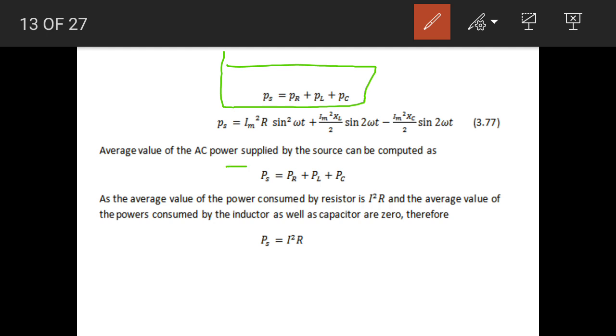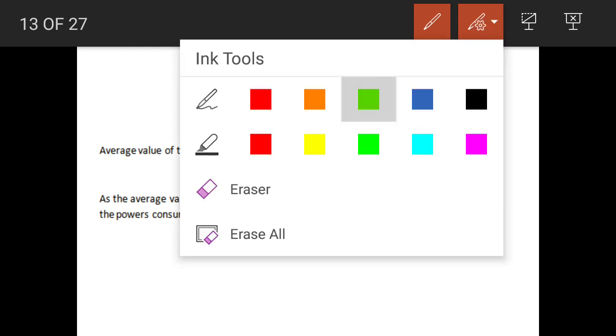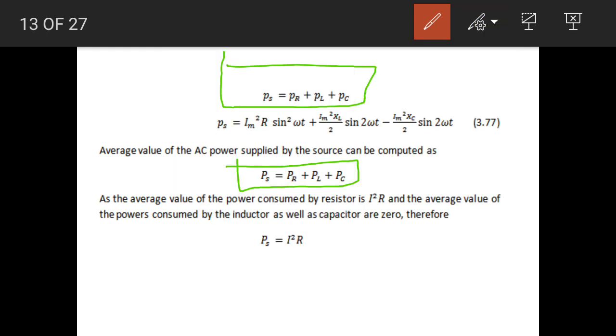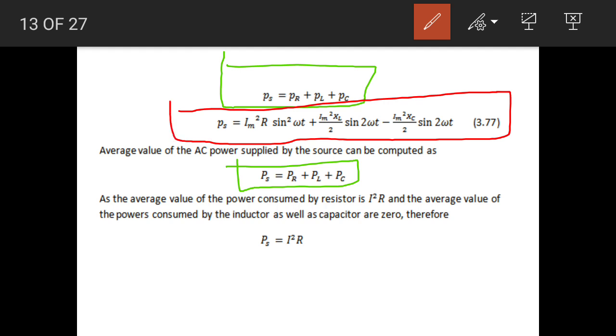So we can calculate the total power with the help of these equations. If we put the values of PR, PL and PC in this equation, we can calculate the total power which is taken by the entire circuit, or which is supplied by the voltage source, with the help of equation number 3.77.